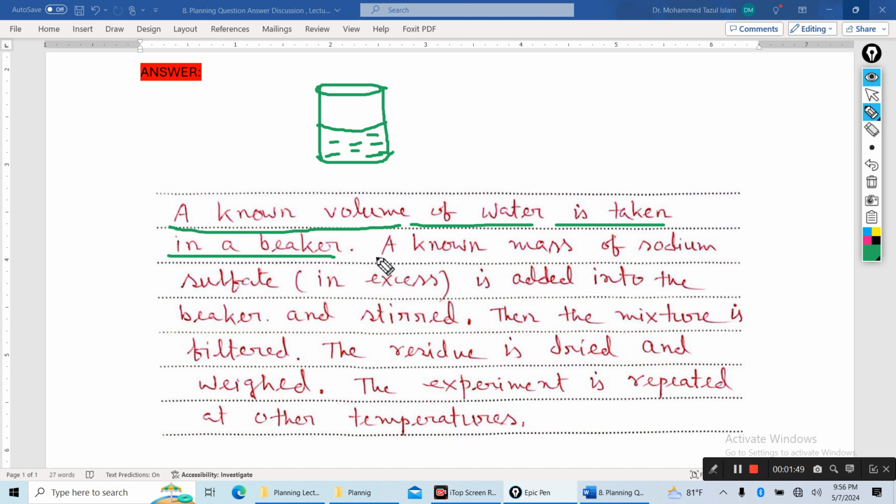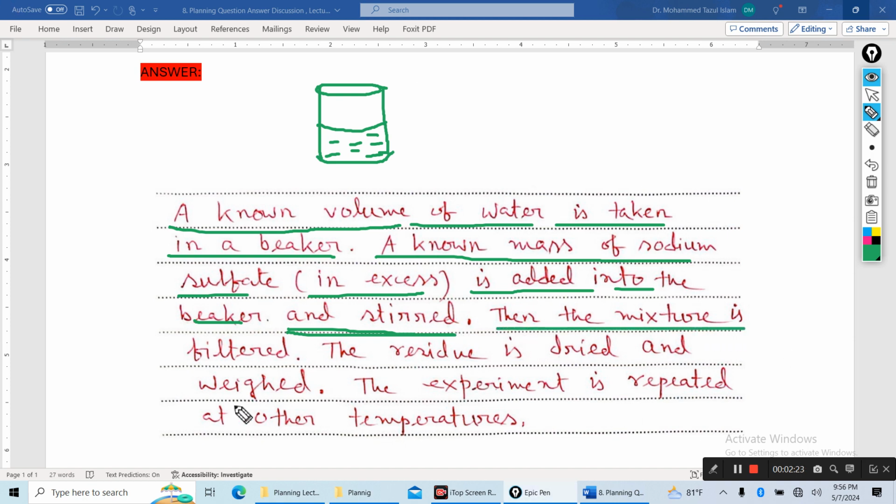Then a known mass of sodium sulfate in excess is added into the beaker and stirred and mixed.